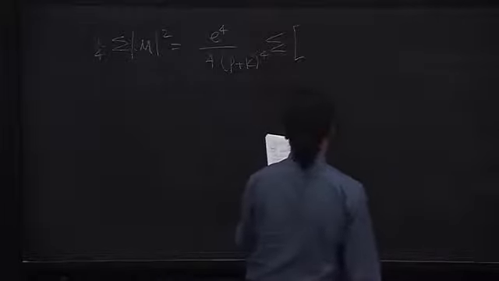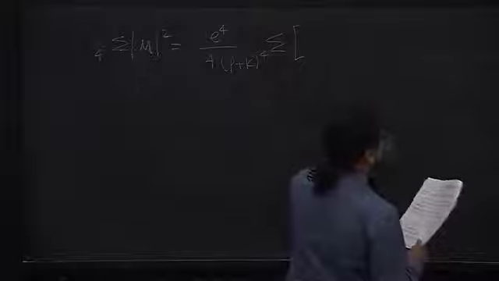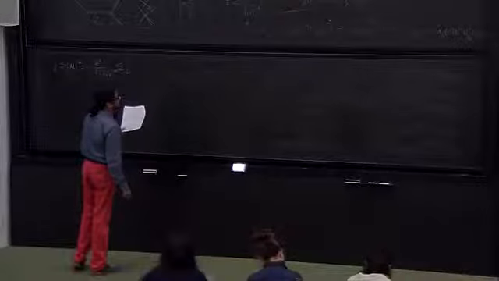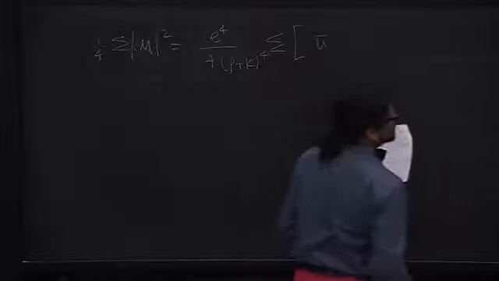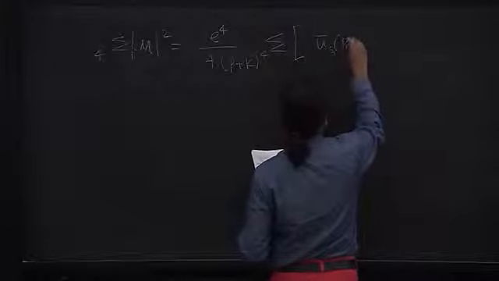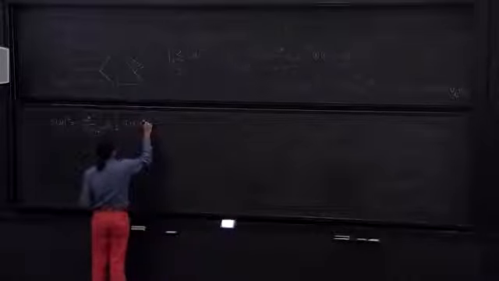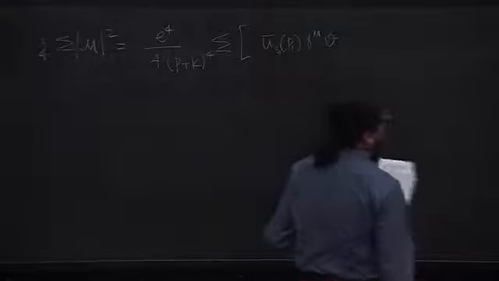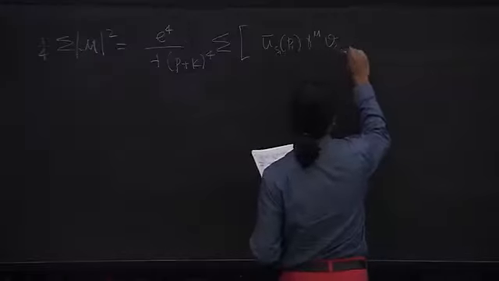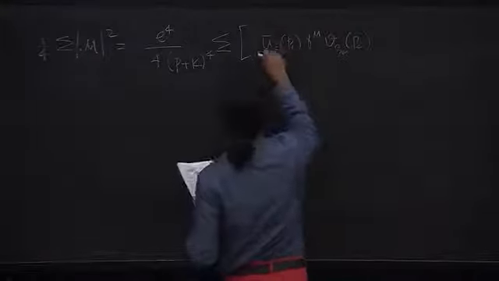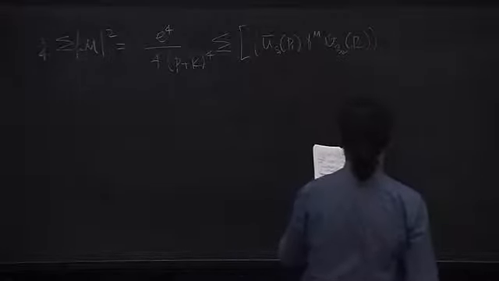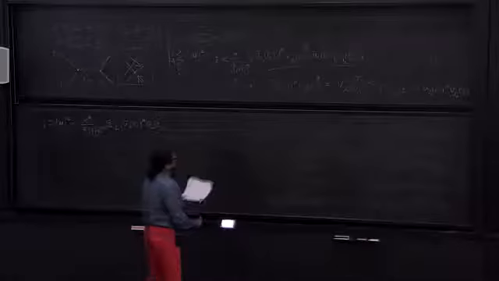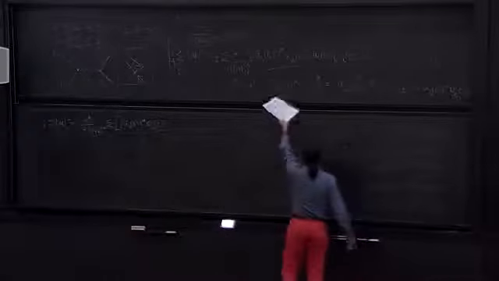Then we have, let's write the electron factor first, which is U bar of S1 P1 of gamma mu V of S2 P2, as well as something coming from here, which is basically this original thing.